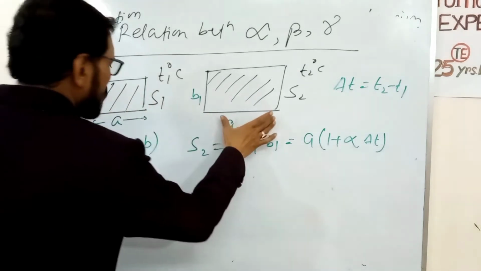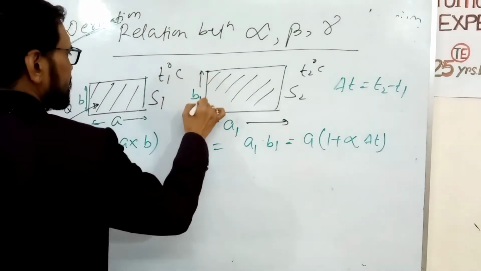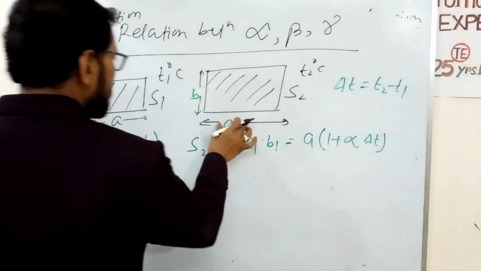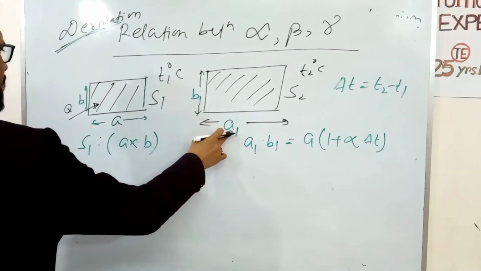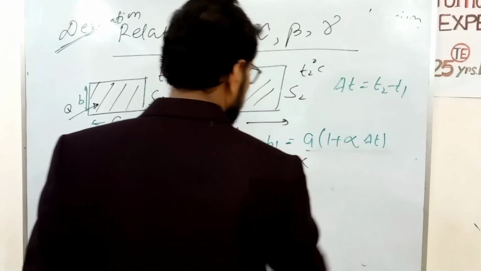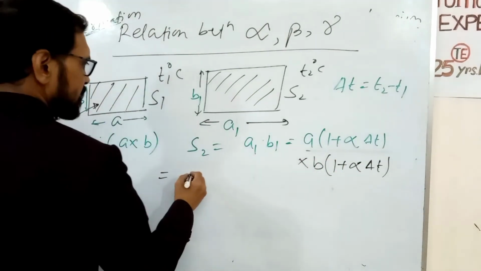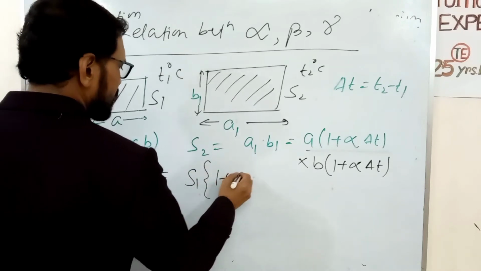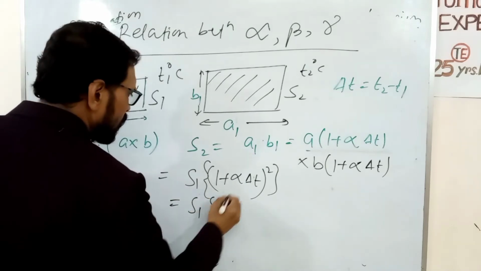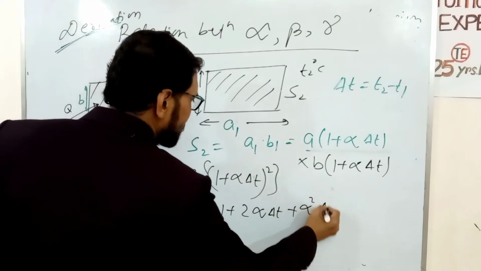So A1 equal to A into 1 plus alpha del T and B1 equal to B into 1 plus alpha into del T. Now A into B equal to S1, and the whole square. So S1 into 1 plus 2 alpha into del T plus alpha square del T square.